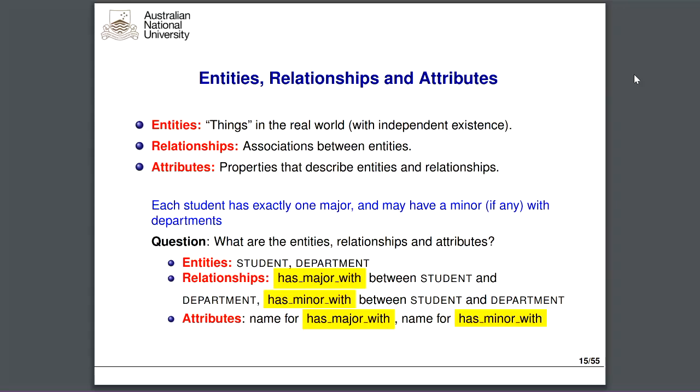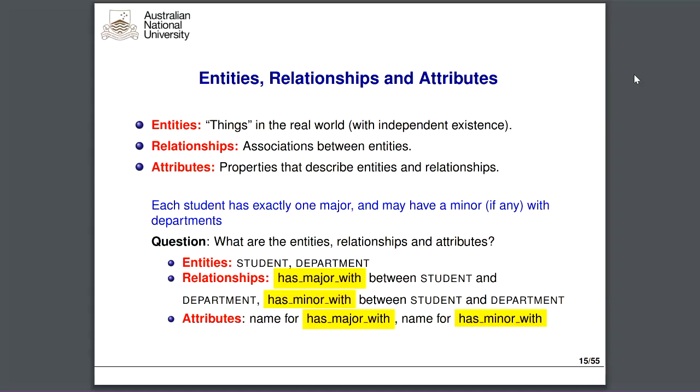Now, each student has exactly one major or may have some minor in some department. So in this case, the entities are student and department, because the students are within some department and take some courses. Now the relationship is that a student has a major in some department, or a minor in this department.